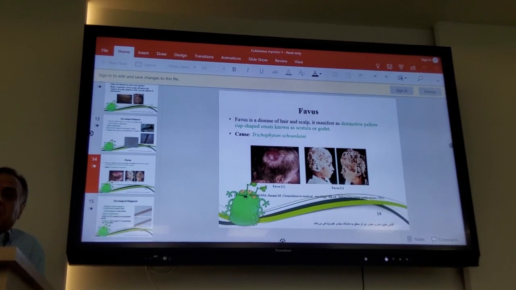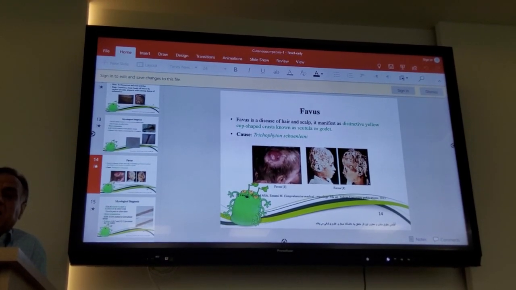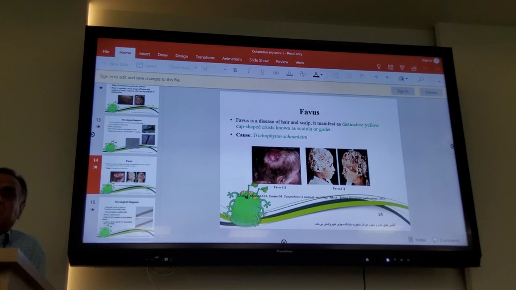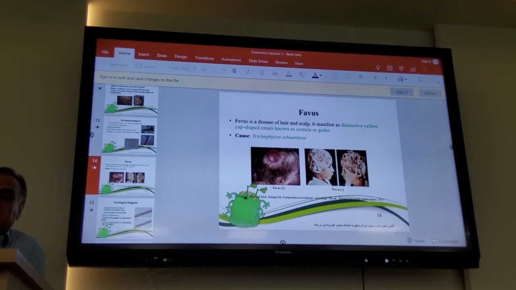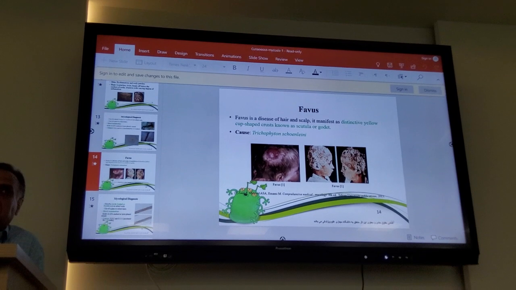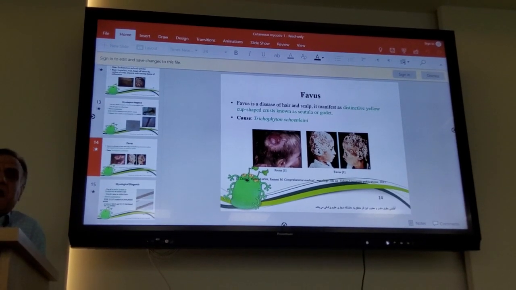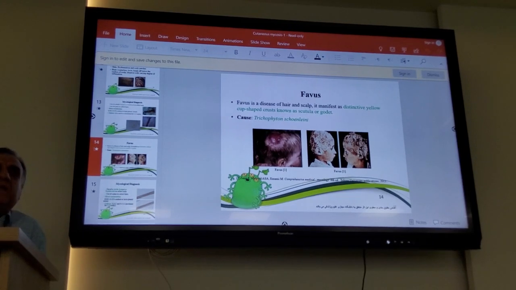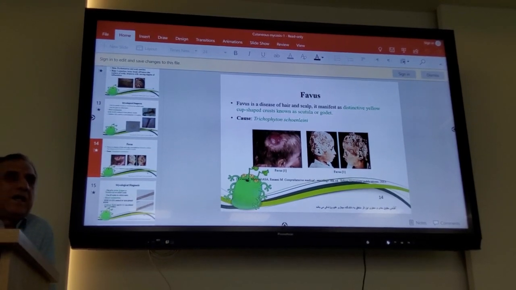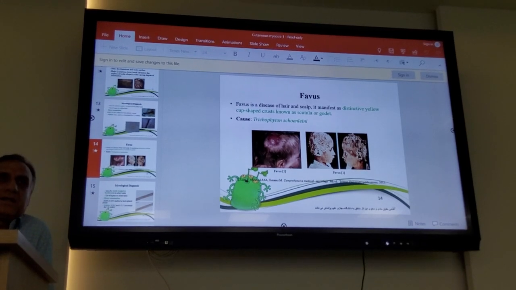In the acute reaction from a zoophilic source of dermatophyte, the hair follicle may be destroyed, and after healing, you see a scar.